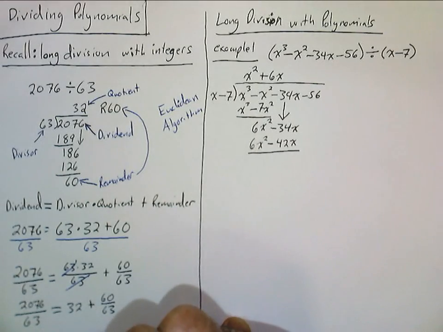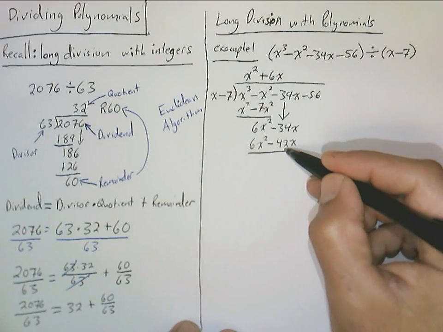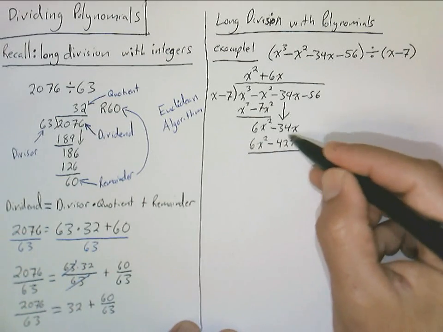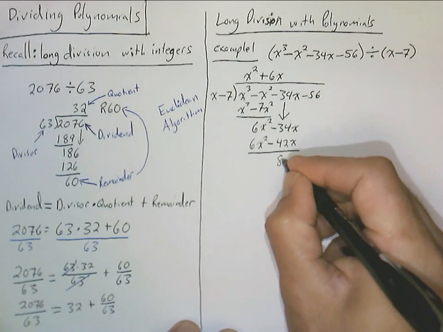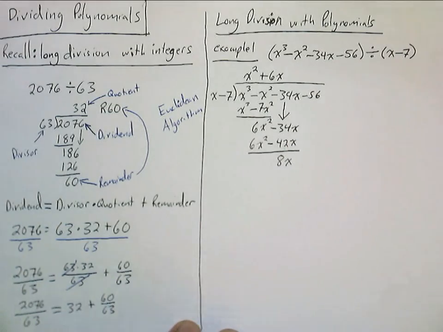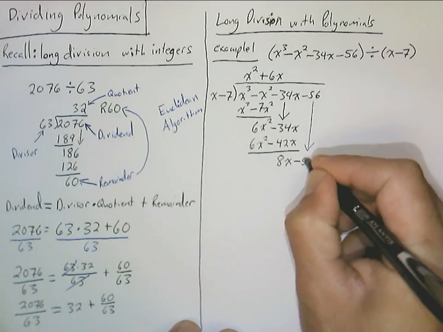And now again we subtract. Negative 34x minus a negative 42x, that'd be adding 42x here. So negative 34 plus 42 leaves us with 8x. Now we bring this down, minus 56.